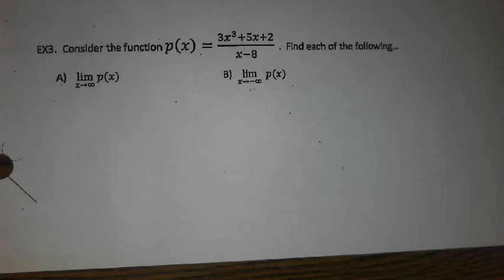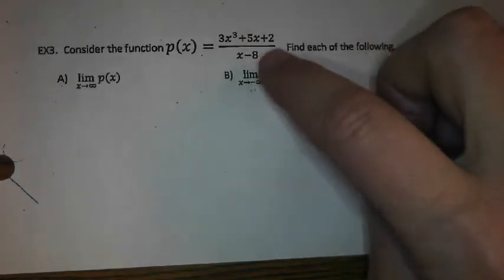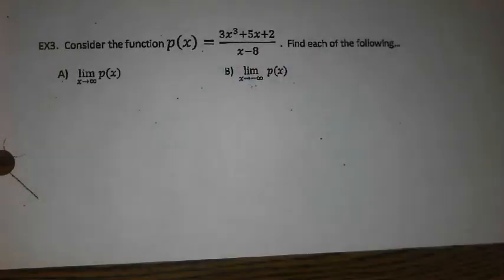If I do long division, let's just think loosely about this before I specifically do it. A cubic function divided by a linear function is going to give you what kind of function? A quadratic.